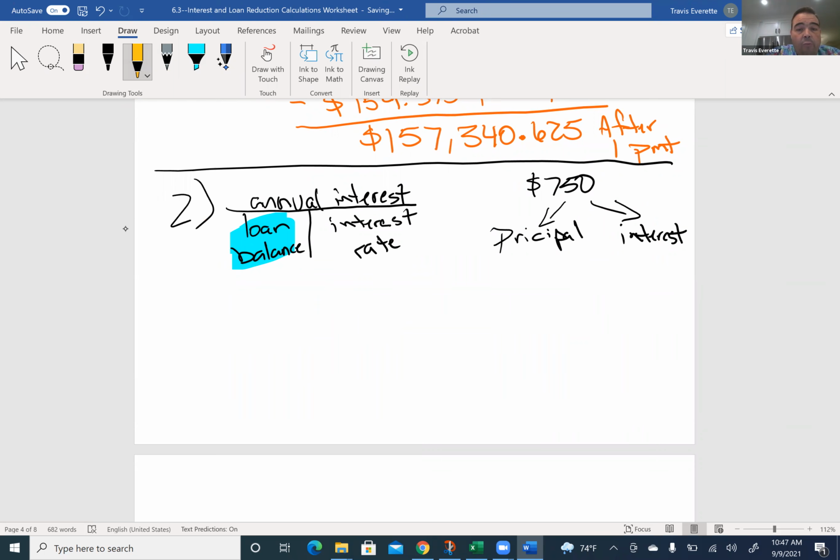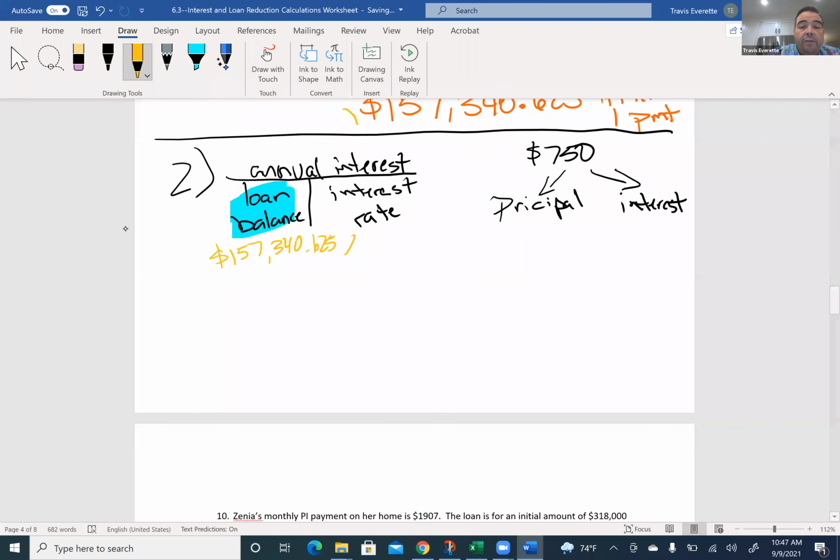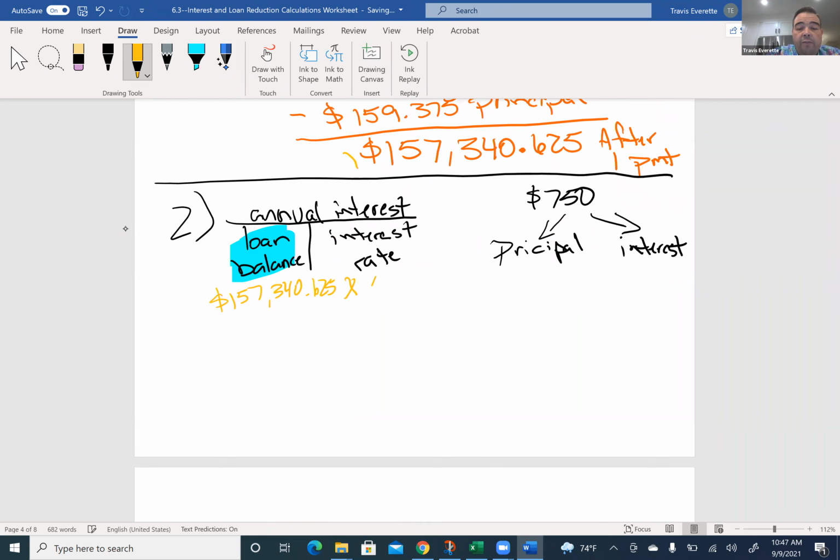I'm going to bring my loan balance down here of 157,340 and 62 or 63 cents times my interest rate, which will stay the same, of 4.5%.